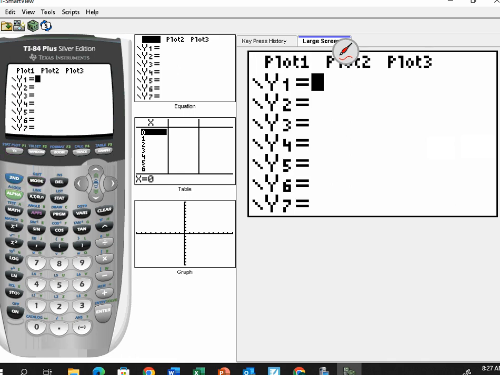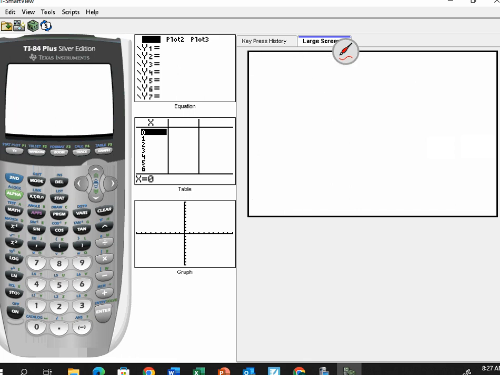Alpha. I think it's alpha, that's xt. No, it's definitely alpha y equals. I think I have a weird, non-updated version of this. That's so bizarre. Did you hit alpha first?